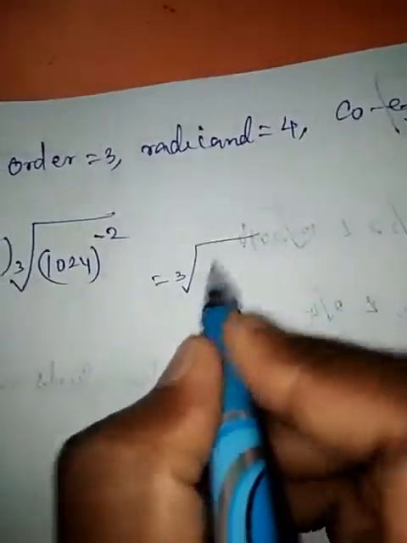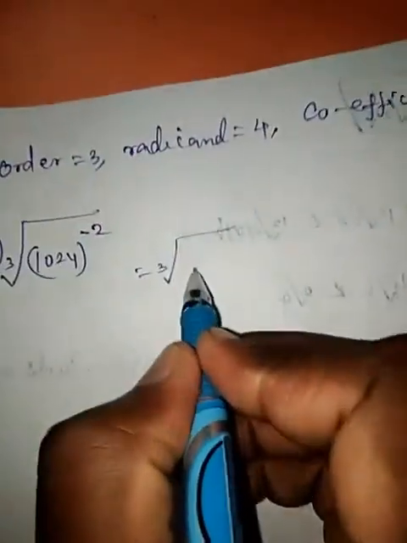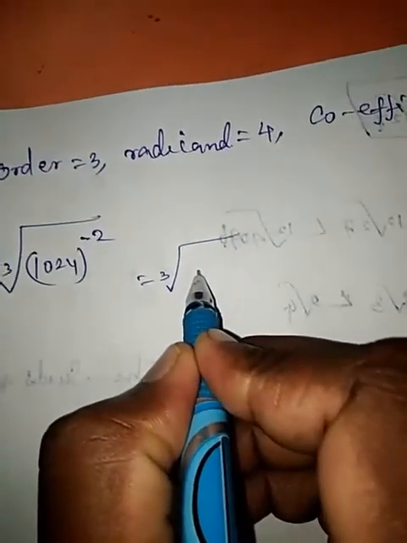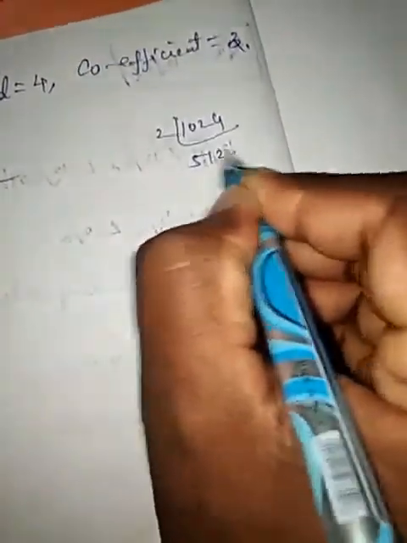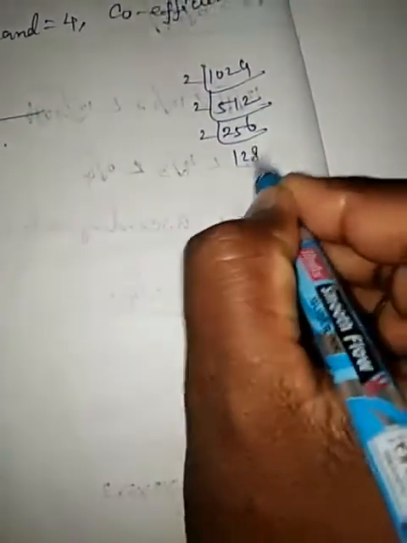So the cube root of 1024, we can write as 2 power 10. For this, first factor 1024. Dividing by 2, we get 512, next 256, next 128.